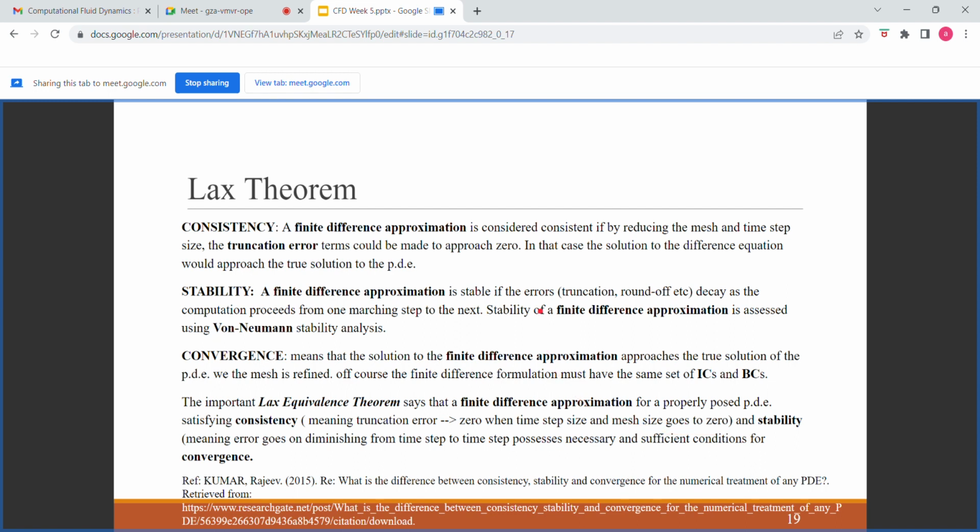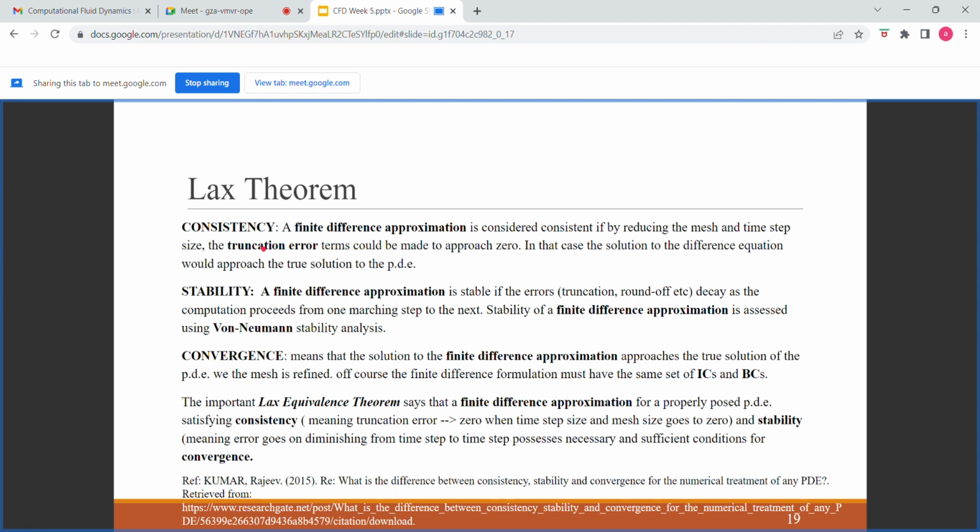What is consistency? Consistency is that when we reduce the mesh and time step size, the truncation error approaches zero, so the difference equation approaches the true solution. Stability is that when the computation proceeds through increasing time steps, the round-off error and truncation error all decrease step by step.